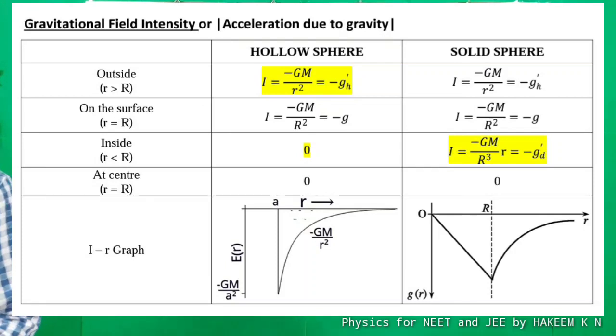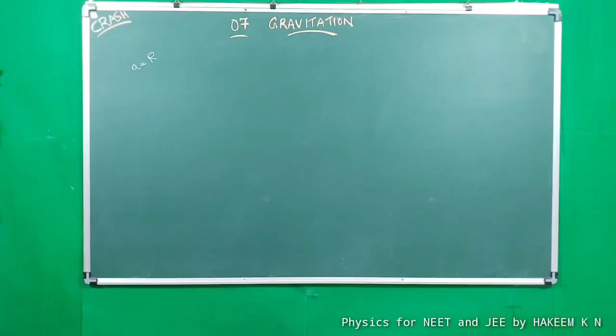Inside it is minus g dash, at depth d. Due to depth, acceleration due to gravity is GM by R cube into small r, that we already discussed. So the graph will come in the negative section. Inside it is directly proportional to r, and outside it is inversely proportional to 1 by r square. In the case of Earth, we always consider a solid sphere.